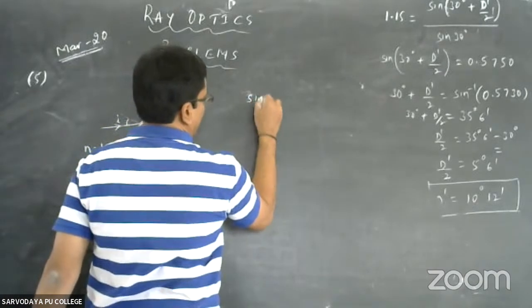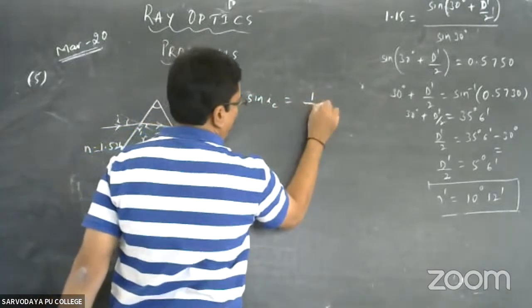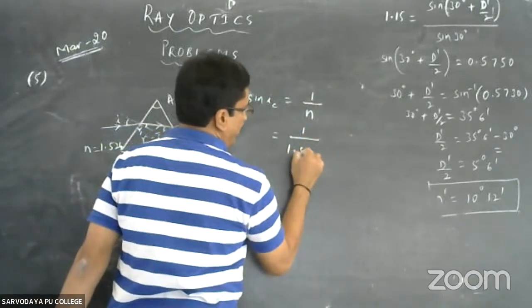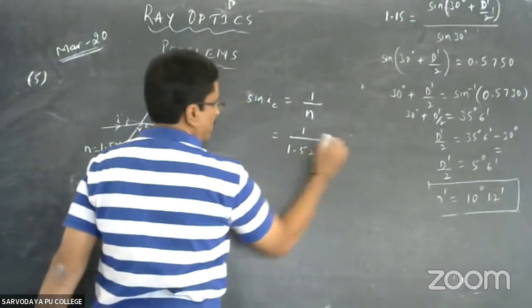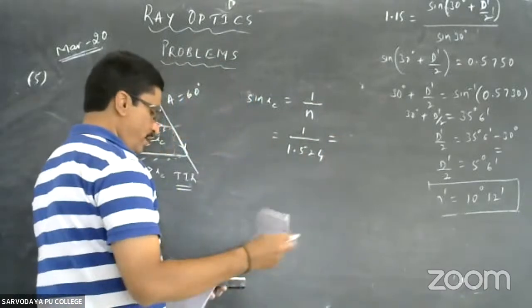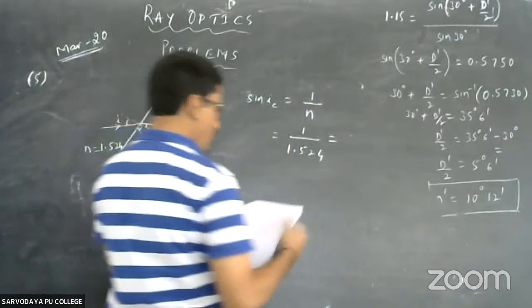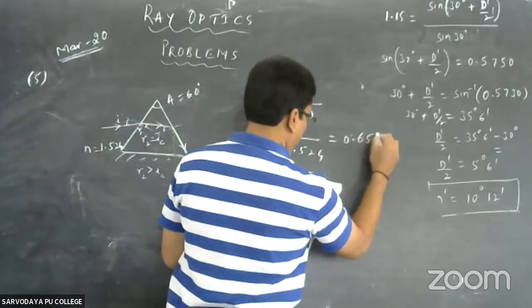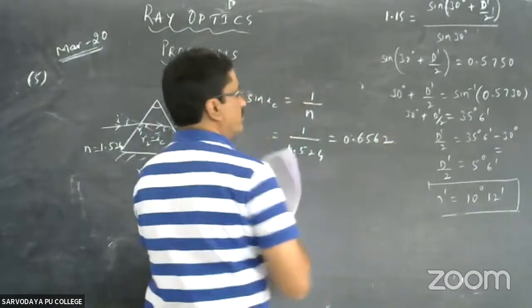sin IC is equal to 1 by n. Therefore, it is 1 by 1.524, and 1 divided by 1.524 comes out to be 0.6562.